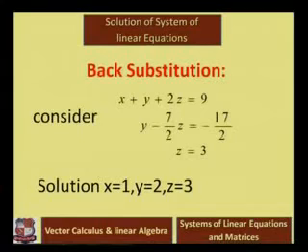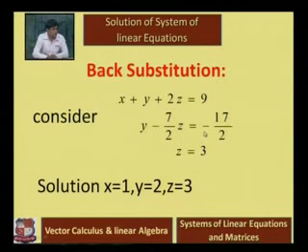The back substitution. For that we consider a system: x plus y plus 2z equals 9, the second equation y minus 7 by 2 z equals minus 17 by 2, and the third equation z equals 3. In this system we easily determine the value z equals 3.